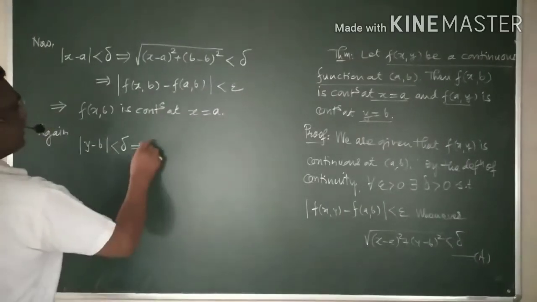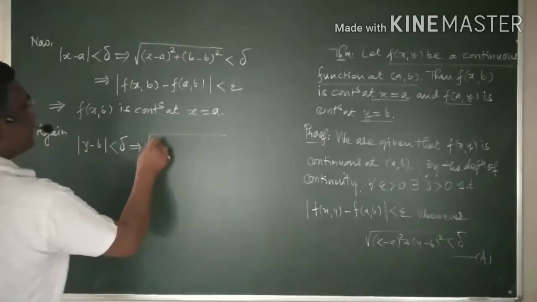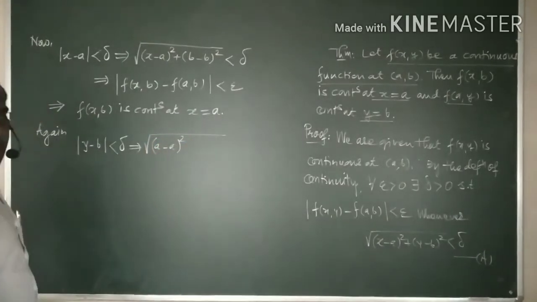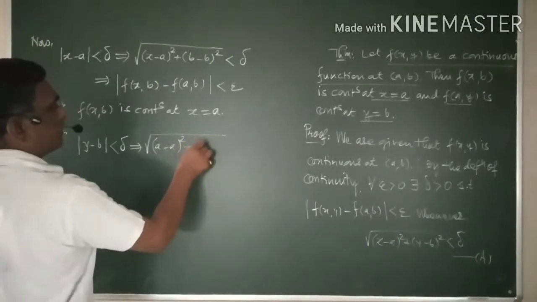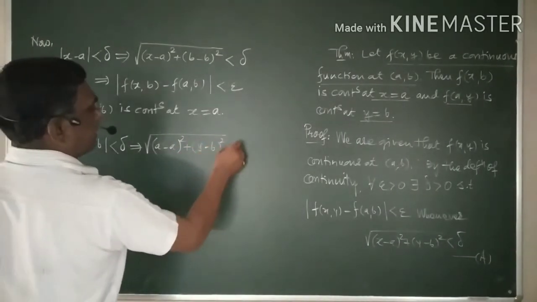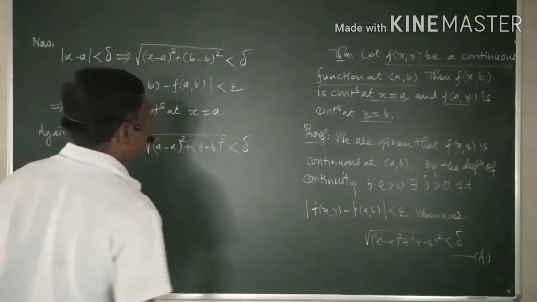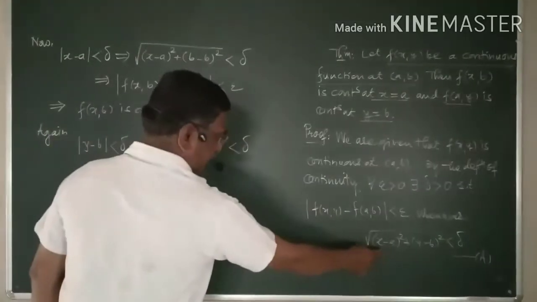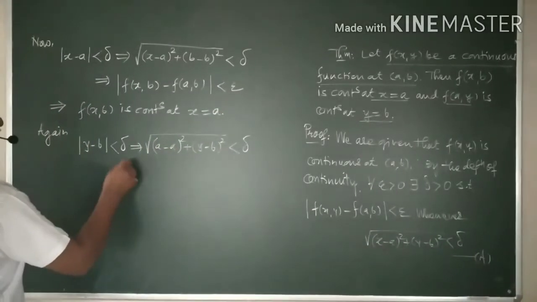How will you write this one? This we can write as the square root of (x minus a) square plus (y minus b) square is less than delta. And if I am comparing this with this one, then what does this imply?